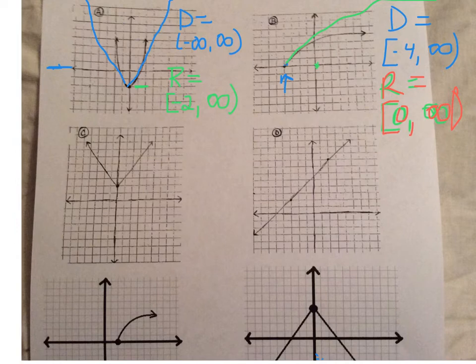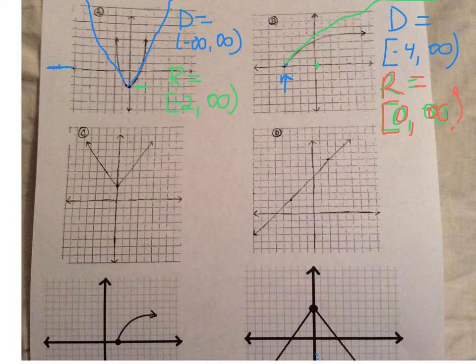Okay, now that looks better. All right, so let's look at this one right here. So in this case, again, the function covers the entire x-axis because it goes on forever.